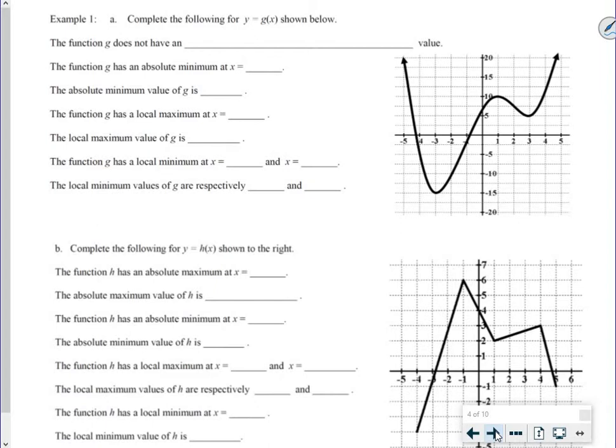Okay, so for this one, the function g does not have an absolute maximum, because it'll just go up forever that way and that way. Okay, it'll just keep going till infinity. We do, however, have an absolute minimum here, right?